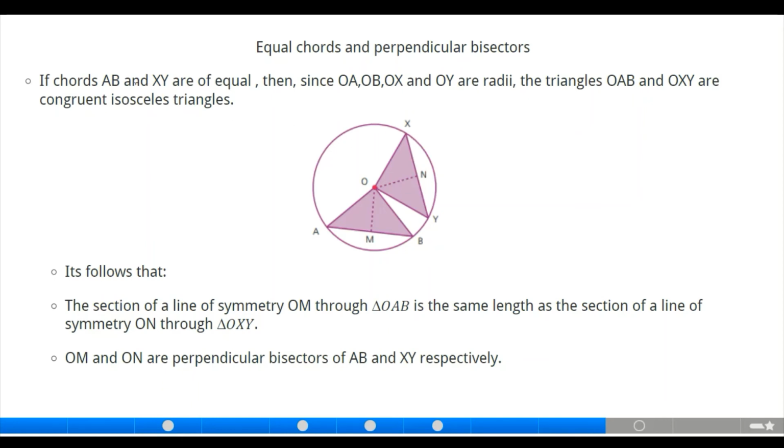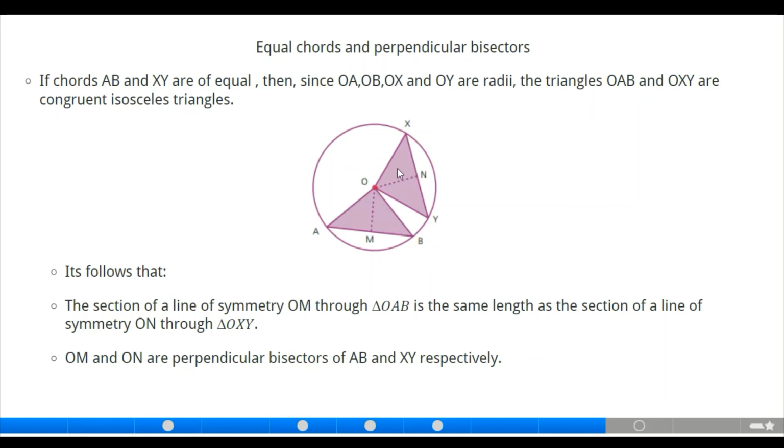If chords AB and XY are equal, here is AB, and we have XY, this is X and this is Y. So if they are equal, then since OA, OB, OX, and OY are radii, the triangle AOB has a sum of 180 degrees.